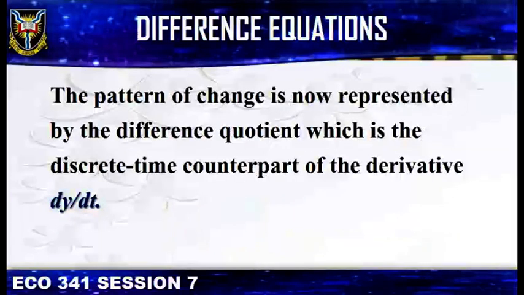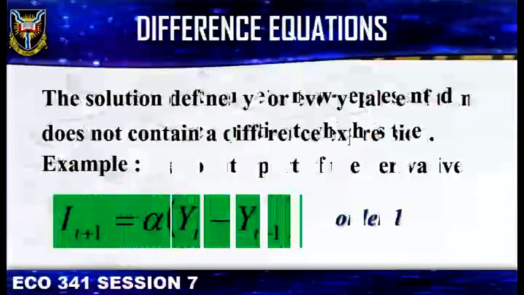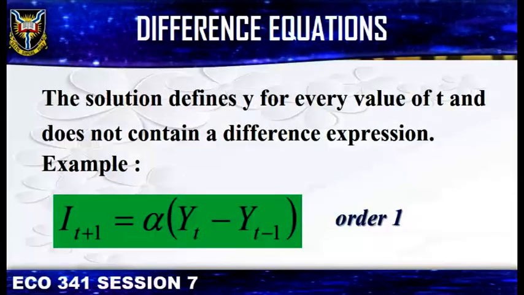The pattern of change is now represented by the difference quotient delta y over delta t, which is the discrete time counterpart of the derivative dy over dt. The solution of a difference equation defines y for every value of t and does not contain a difference expression.